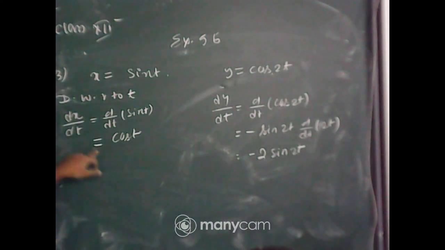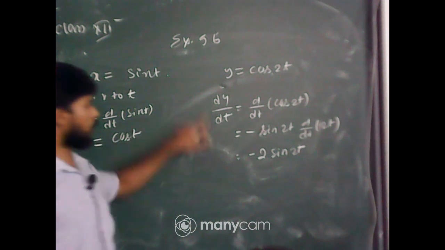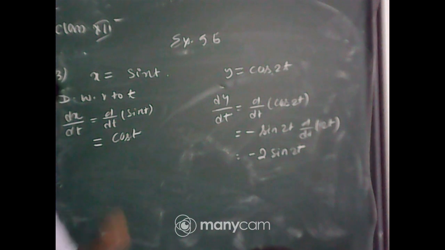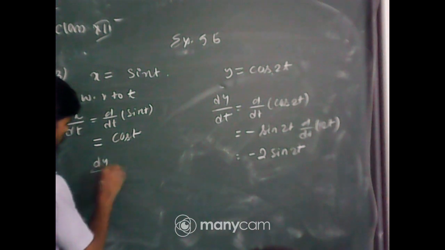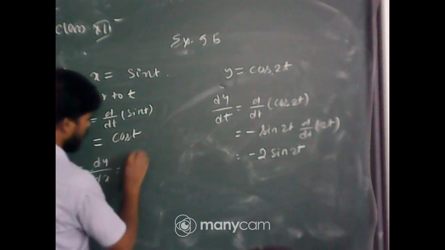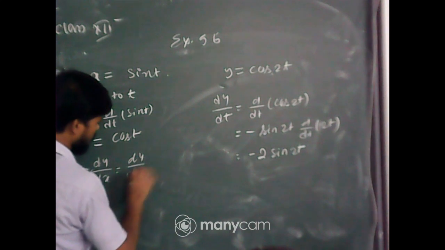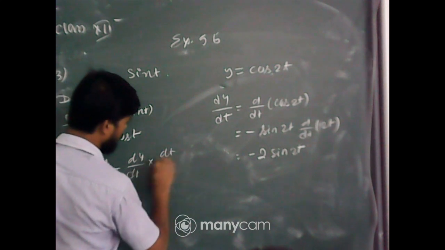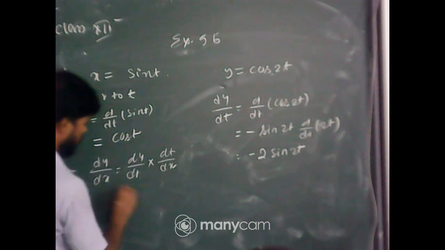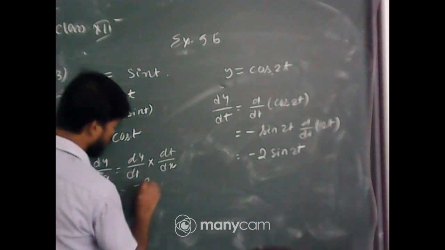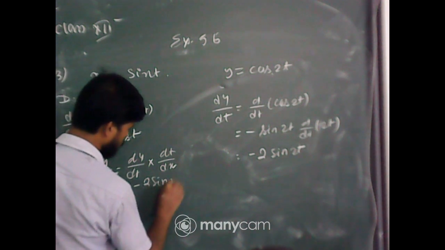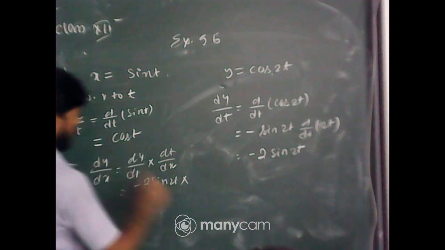So dx/dt is known, dy/dt is known. Now calculate dy/dx. So dy/dx is equal to dy/dt into dt/dx. Now put the values: dy/dx is minus 2 sin 2t into 1 by cos t.